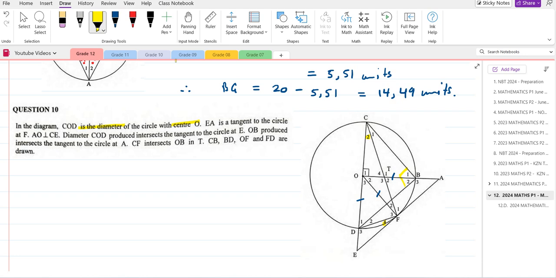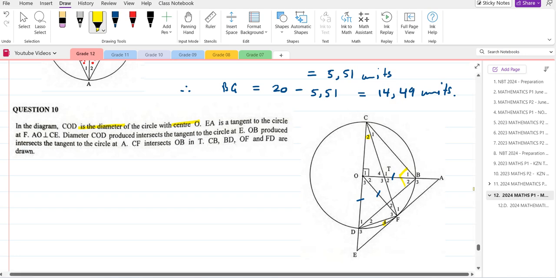AO is perpendicular to CE. Why did they give us that information? AO is perpendicular to CE. It's just a perpendicular line. Alright, so this will also make it 90 on this side.